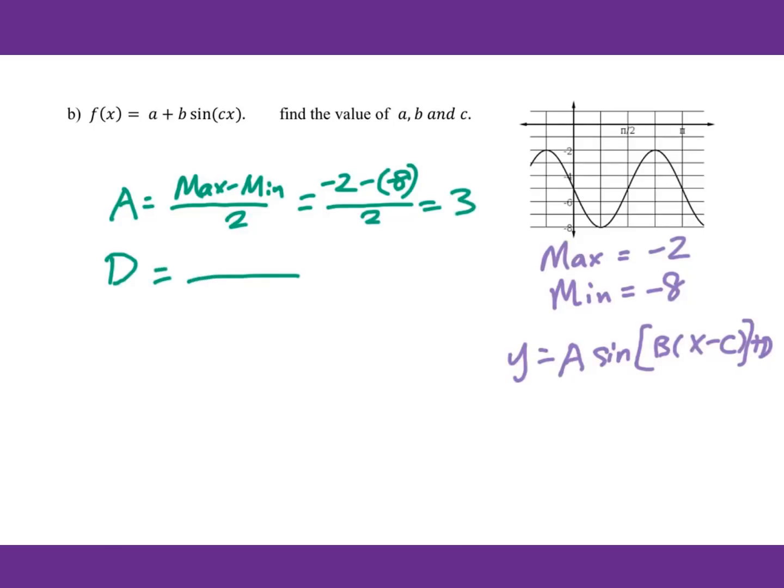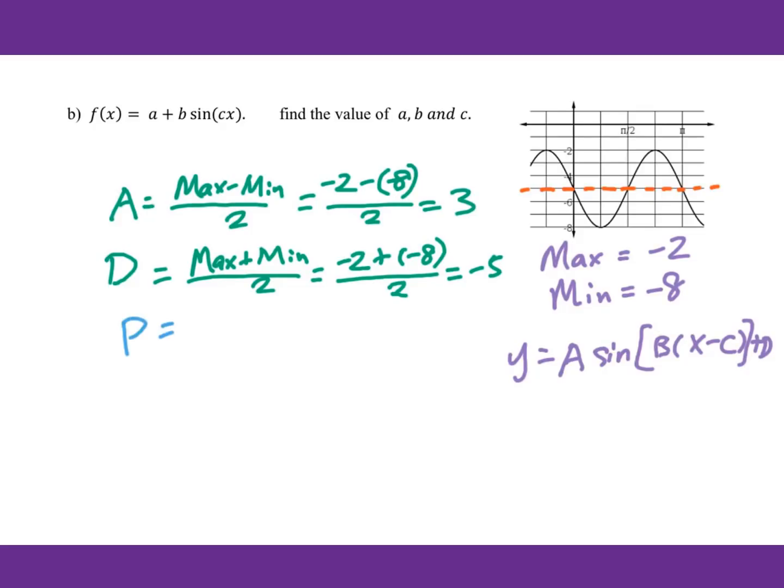For D equals maximum plus minimum over 2, -2 plus -8 over 2 equals -5. When you get the midline, you need to sketch that, because for sine function, the starting point gets started from this midline.